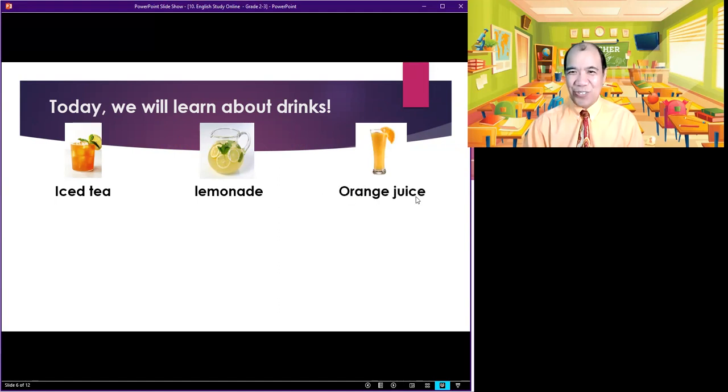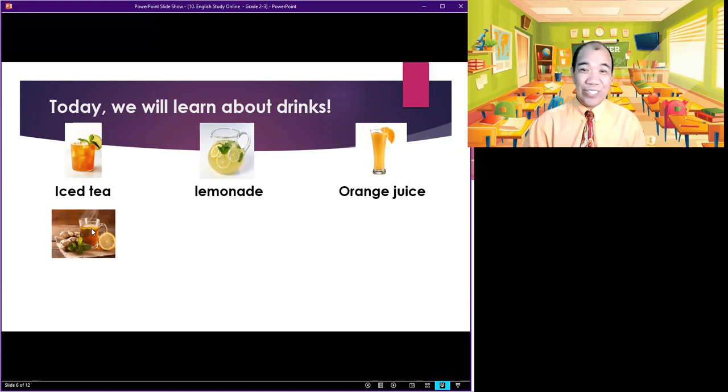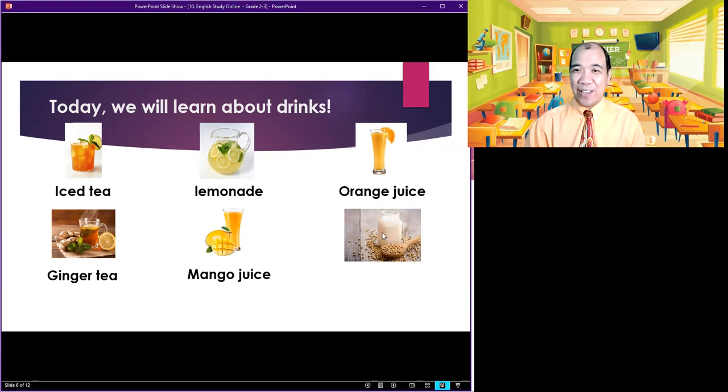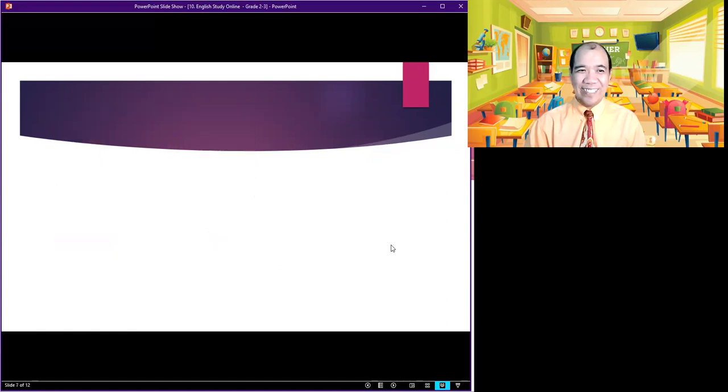Orange juice. Very good. How about this one? This is ginger tea. Very good. How about this one? Mango juice. Good. What is this one? Soya milk. Okay, soya milk. So those are the drinks.